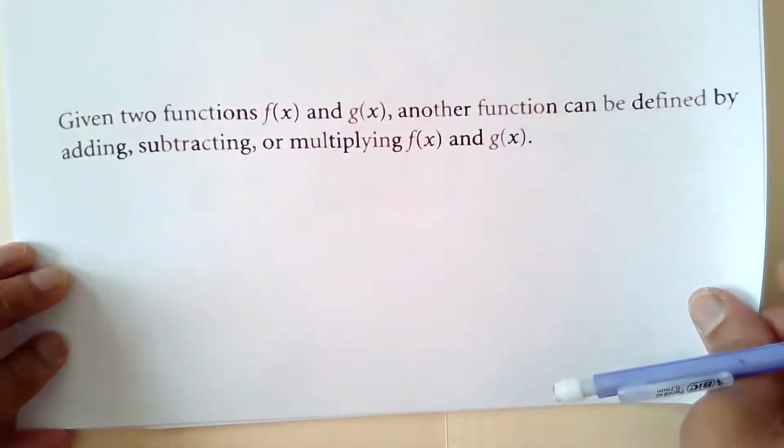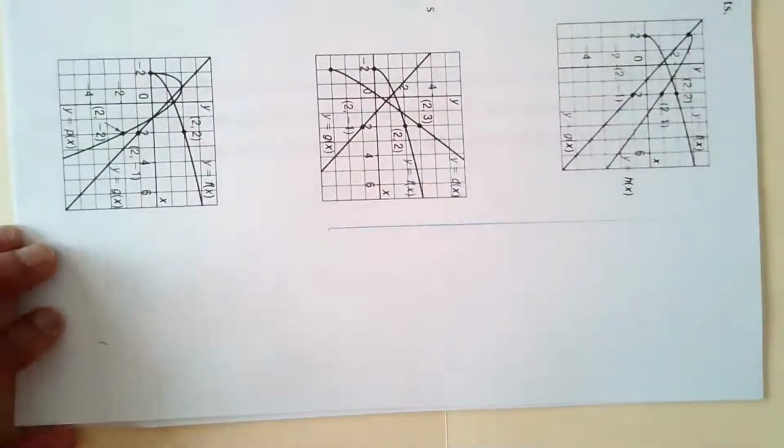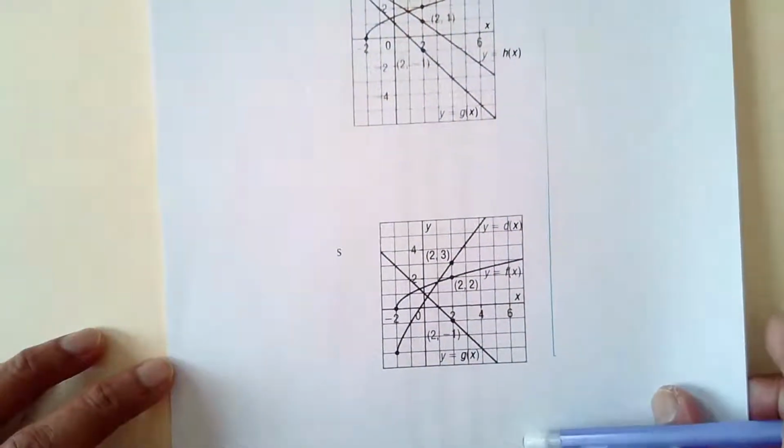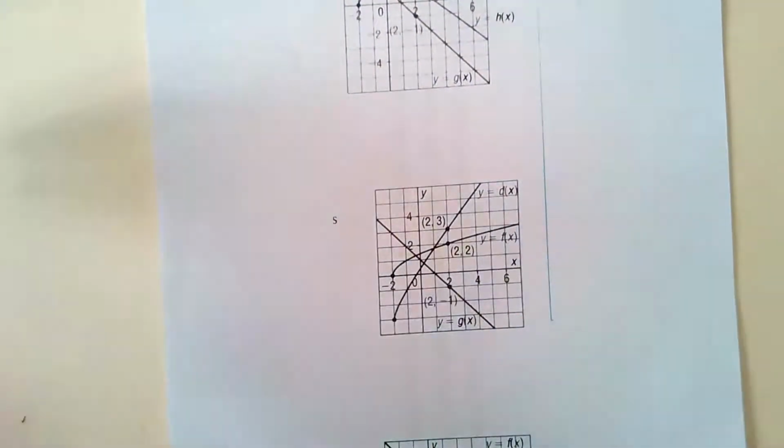So let's look at three examples, and we'll derive that fact. So here I'm given three separate graphs. Now let's consider each one.